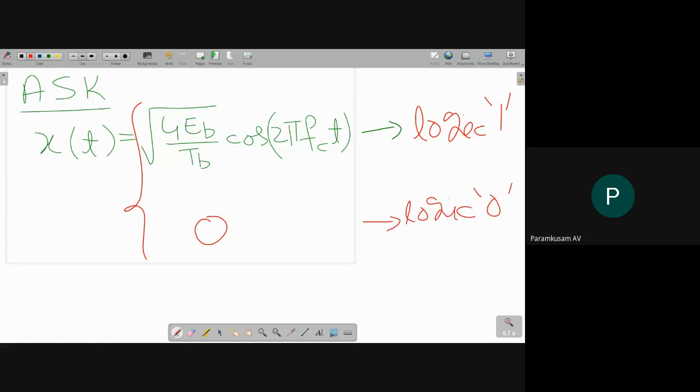The ASK signal can be represented by this equation.